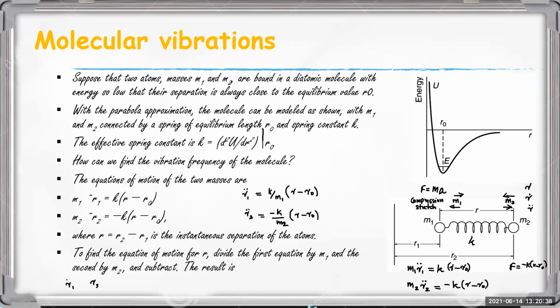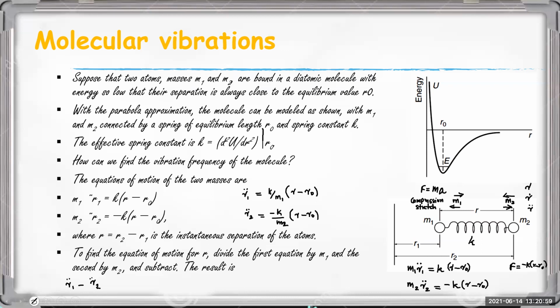Sorry, here we have written r2 is greater, so I write here r2 double dot minus r1 double dot, since here we define r is equal to r2 minus r1.